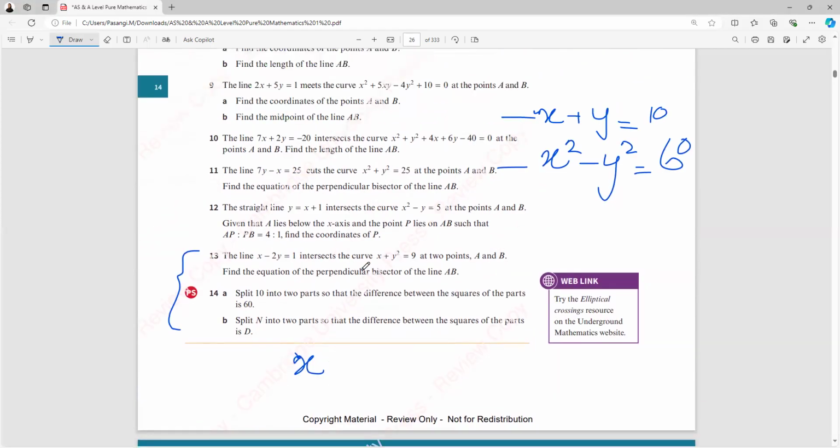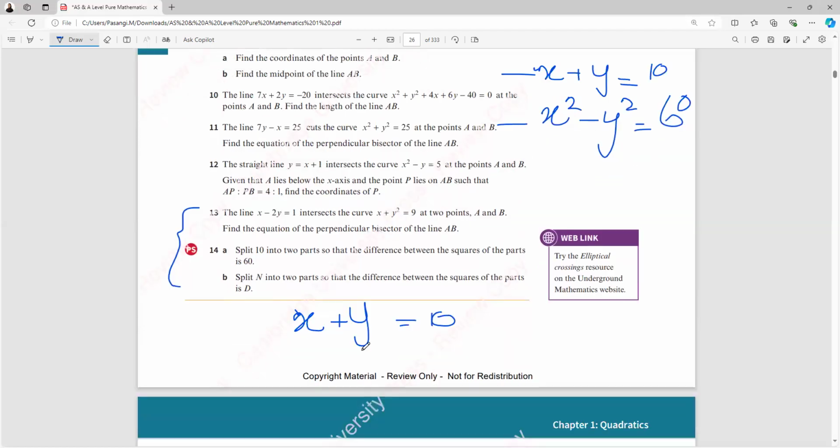Now the same set of equations: x plus y is equal to 10, and x squared, sorry, now it's not 10, now it's n. Split n into two parts, the two equations will be x plus y equals n, and the other one is x squared minus y squared equals d. Then you can solve these two with n and d and get the expressions for x and y.